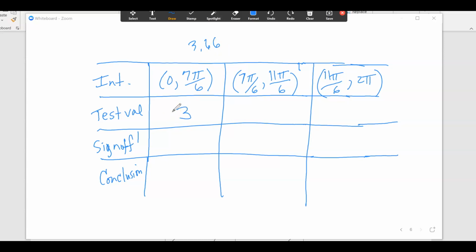Let me do the same for 11 pi divided by 6. That's like a 5.75. So let's plug in maybe 5. And then here, let's plug in a 6.